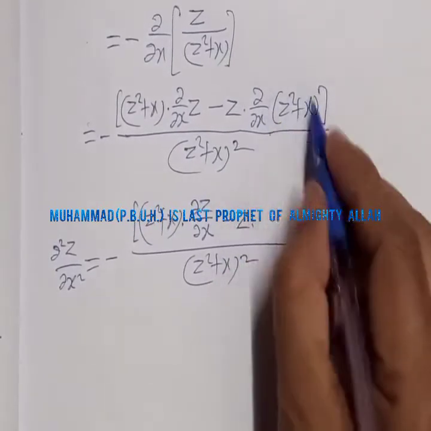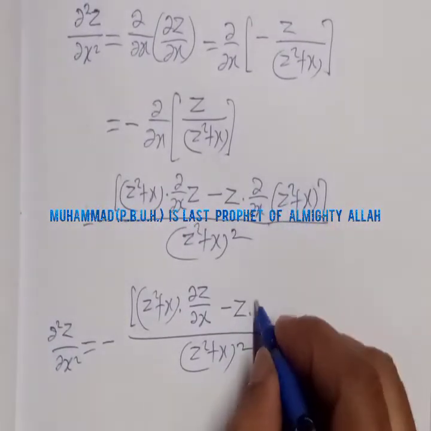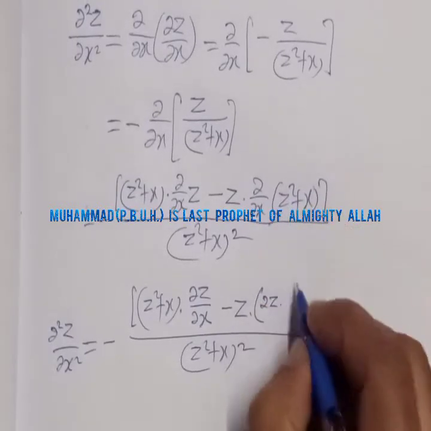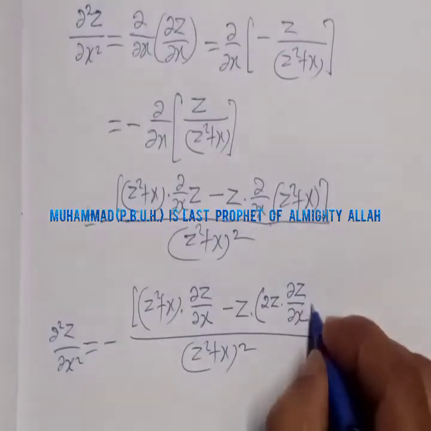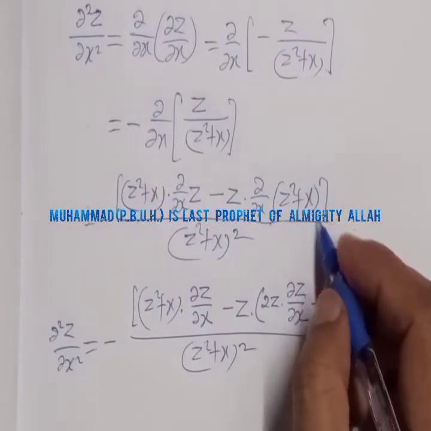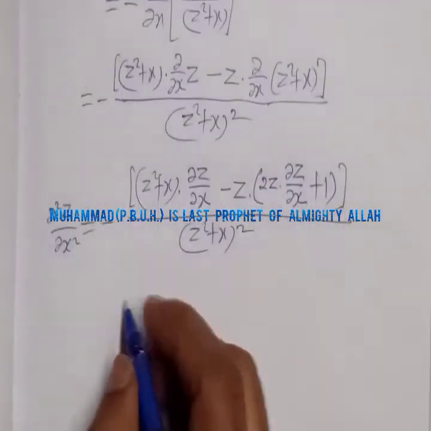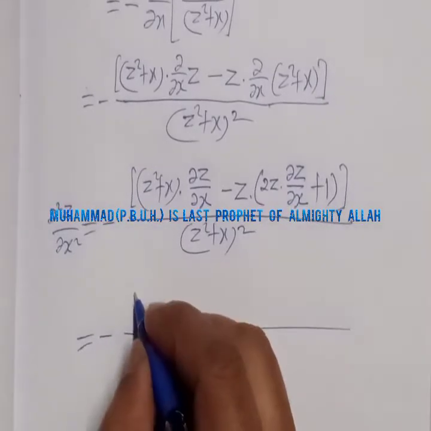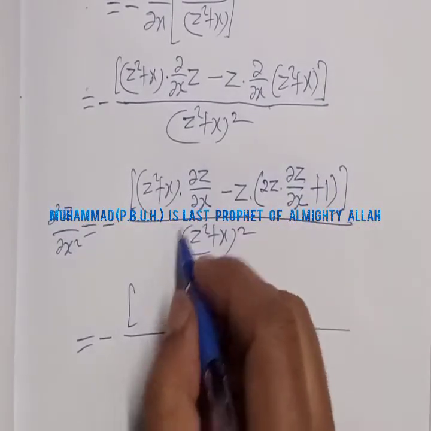Z differentiate these two terms, we get 2z, but it is not x, so differentiate it according to chain rule, del z over del x, and differentiation of x with respect to x is equal to 1. Now we have to solve these terms because there are two terms of del z over del x, so we have to solve it.